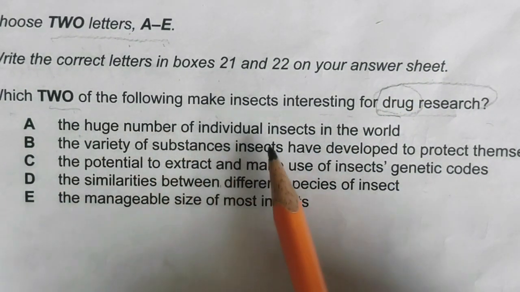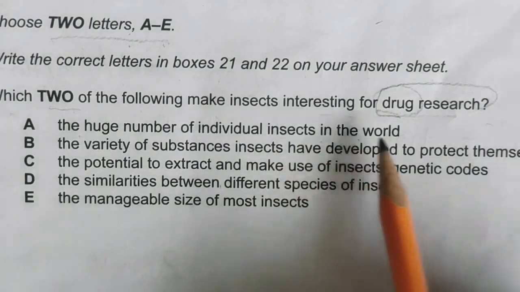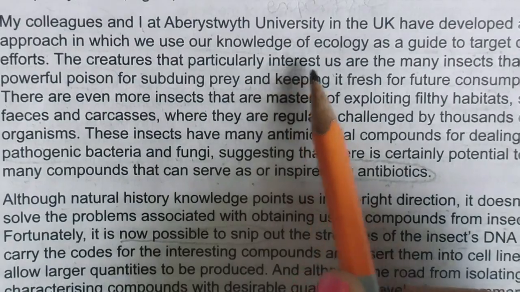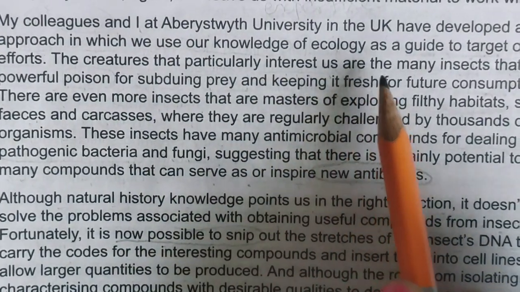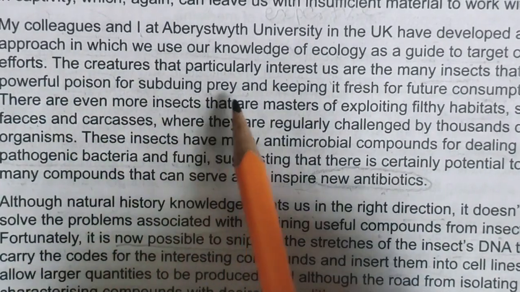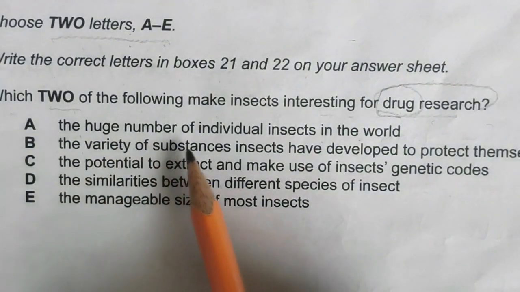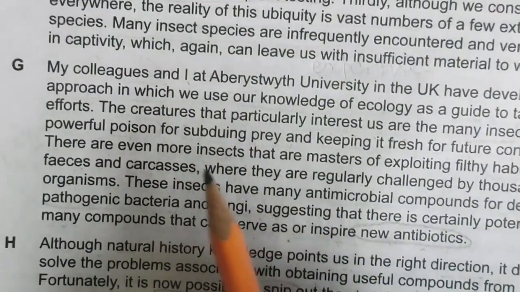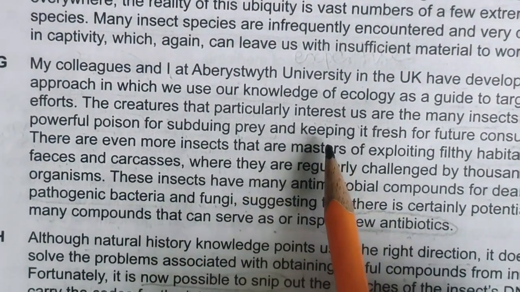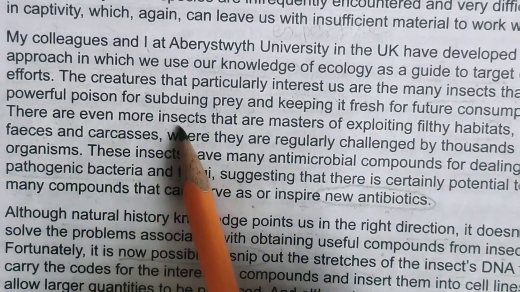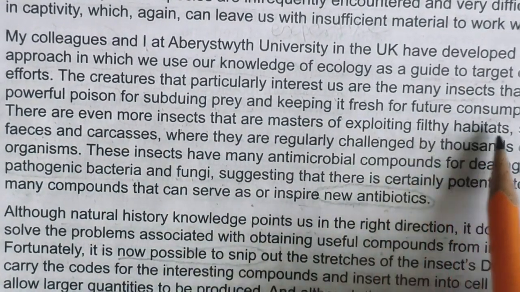A huge number of individual insects in the world. The creatures that particularly interest us are many insects that secrete powerful poison for subduing prey, and keeping it fresh for future consumption. The variety of substances that insects have developed to protect themselves is also given here. They are masters of exploiting filthy habitats.